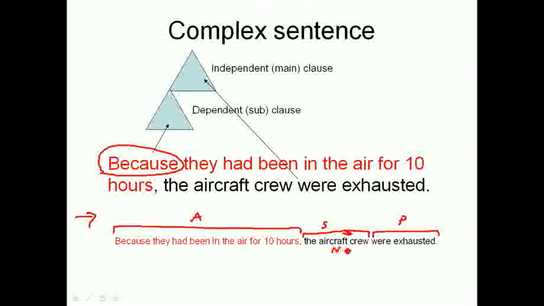Then you have to break this down further, and as we've been learning on our course, you could break this down further, and you see that this is a noun phrase at the level of phrase, and this is a verb phrase here. And in that verb phrase there are two verbs. You have the help verb here, and you have the lexical verb there, and you have the different parts of the noun phrase.